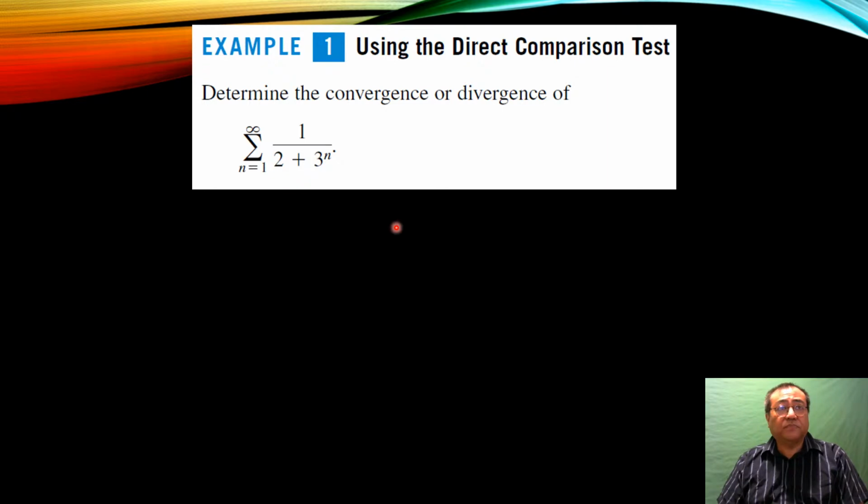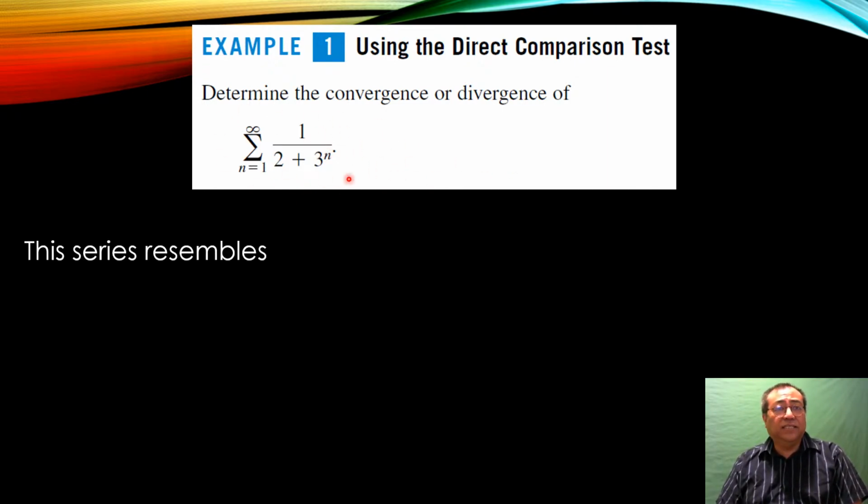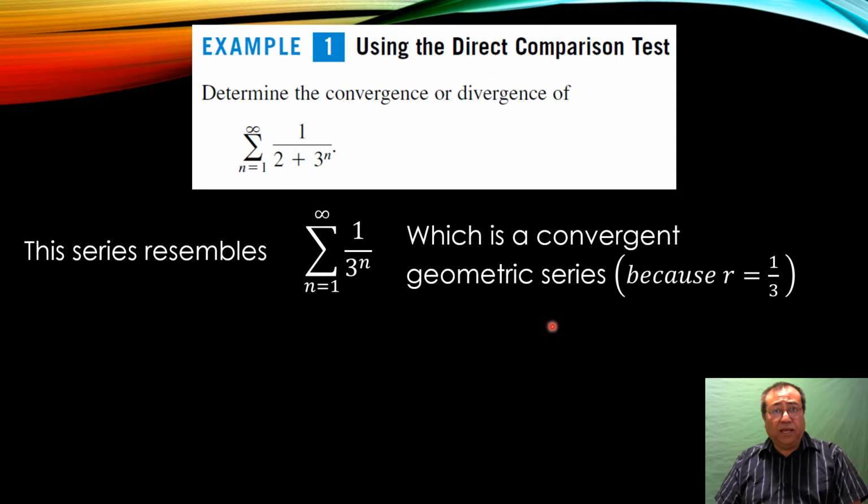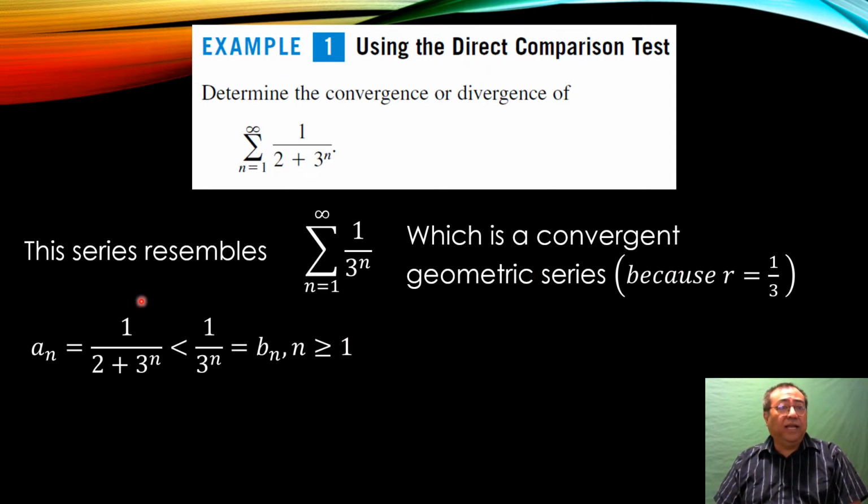All right, determine the convergence of this series. Looking at this, it looks like the geometric series (1/3)^n, which is a convergent geometric series because r is 1/3. And this fraction is smaller than this fraction. Remember, whenever you add anything to the denominator of a fraction, it makes it smaller.